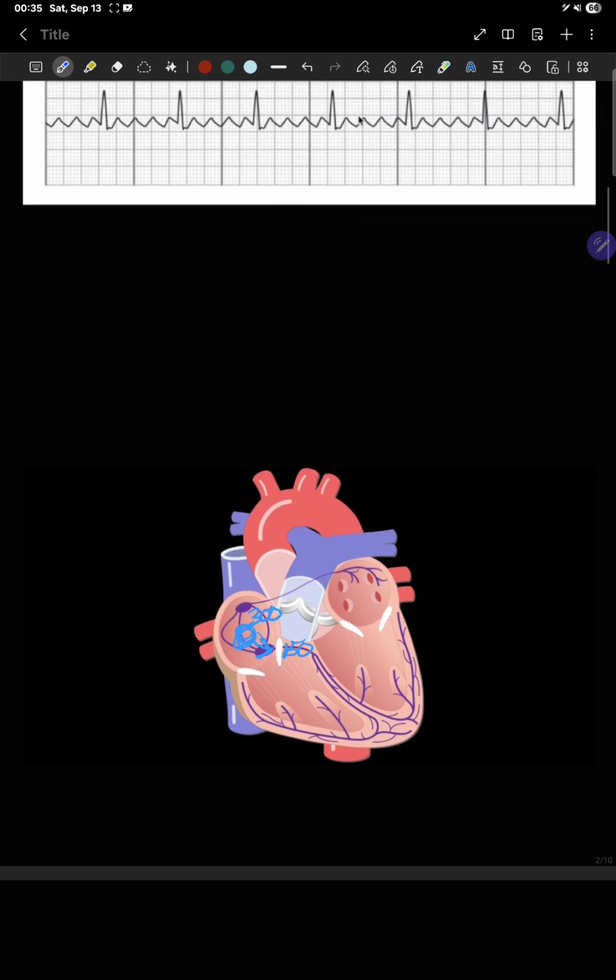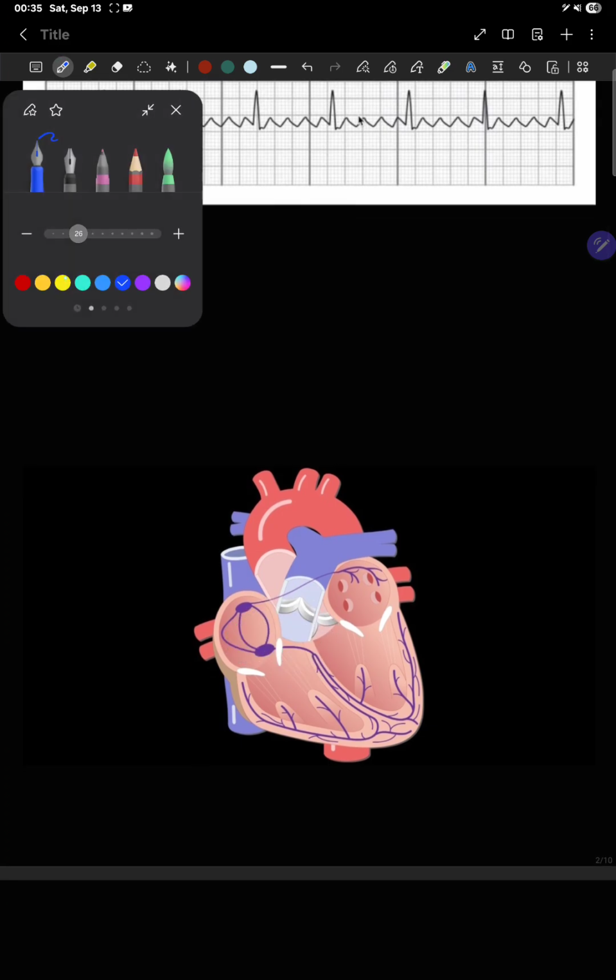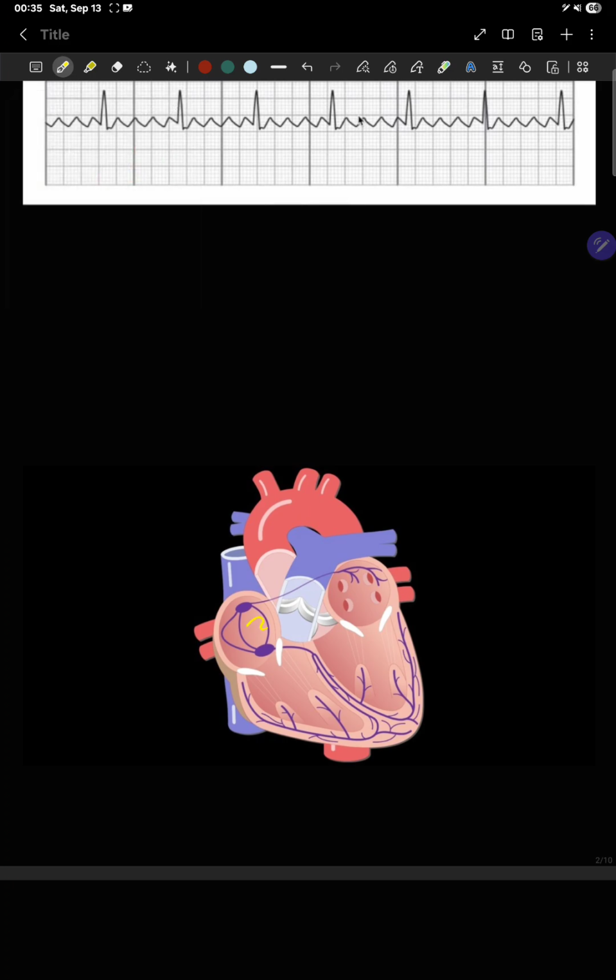Okay, so now that we know that we have an automaticity focus that's all squirrely in here, that's all irritated, now we have to try to fix it.